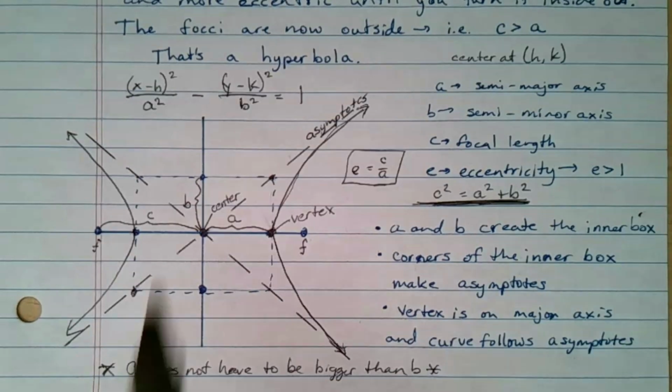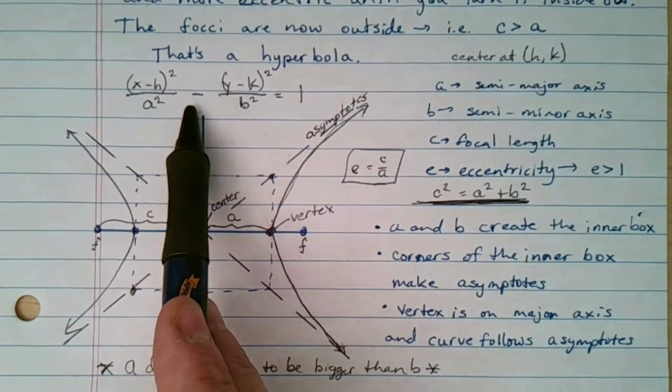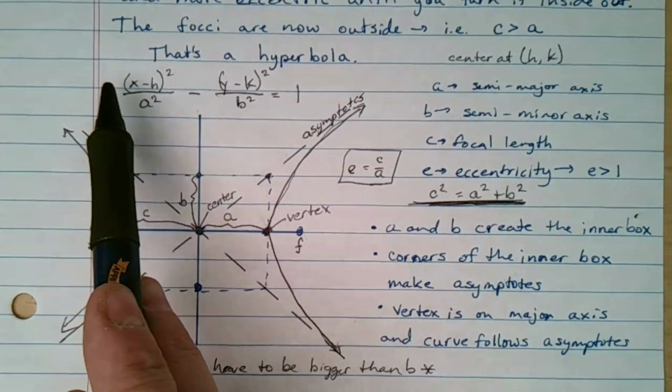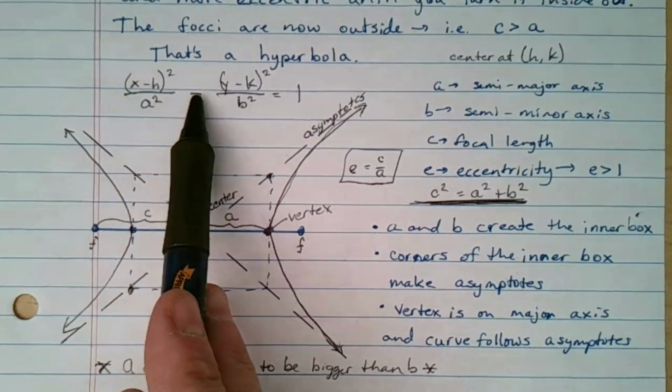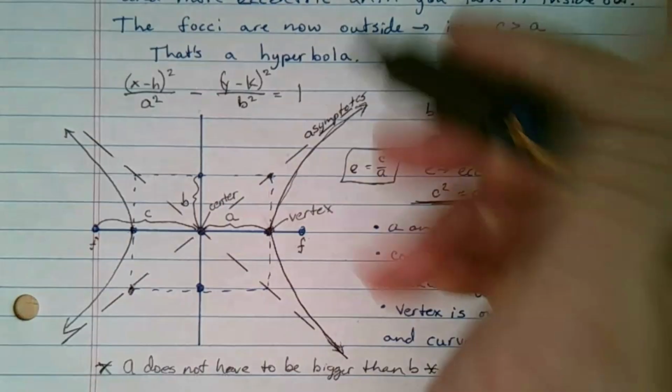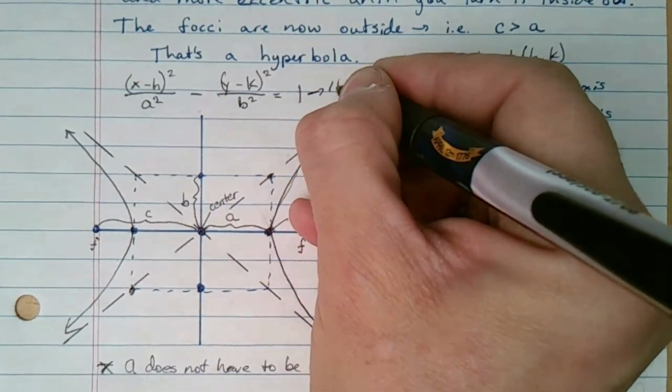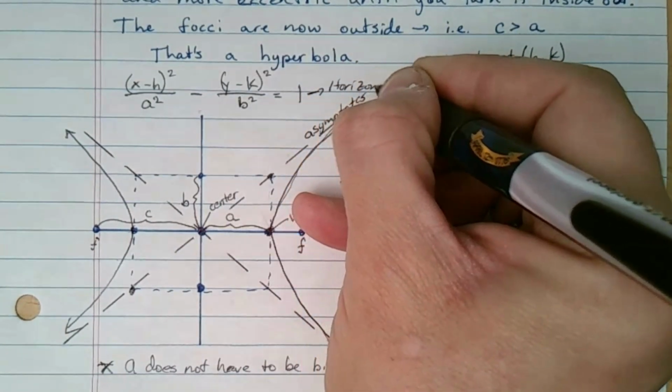This particular hyperbola here is a horizontal hyperbola because it is in the form of x minus y. So x minus y is going to give us a horizontal hyperbola.